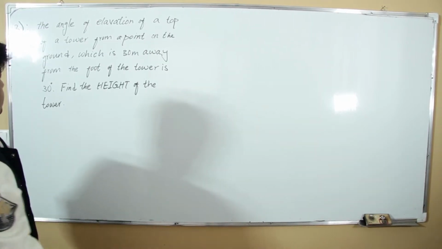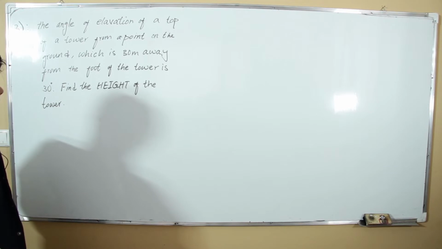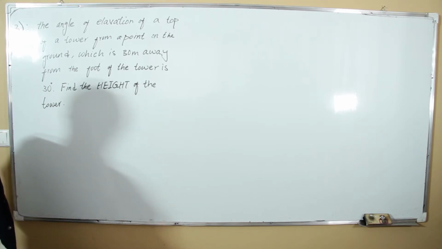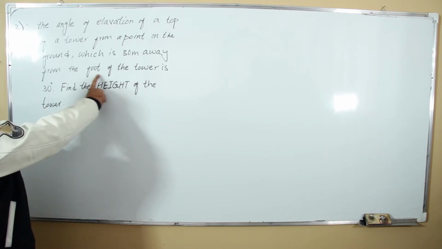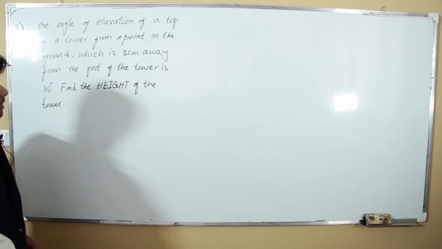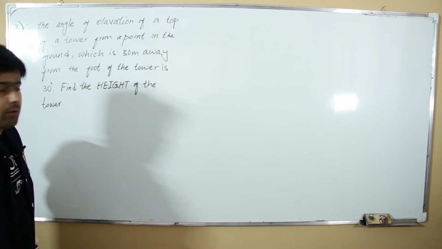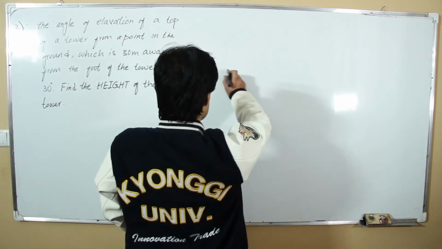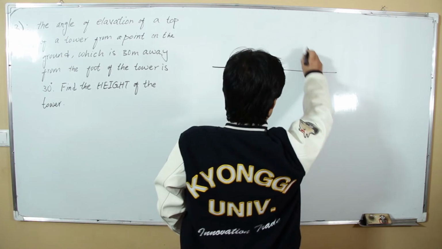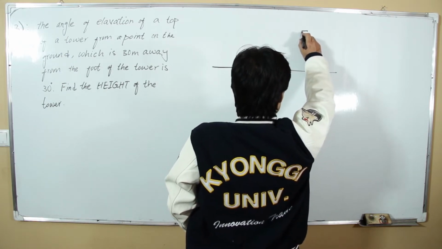Question number 3. The angle of elevation of the top of a tower from a point on the ground, which is 30 meters away from the foot of the tower, is 30 degrees. Find the height of the tower. What the question is, suppose this is our ground and this is a tower.